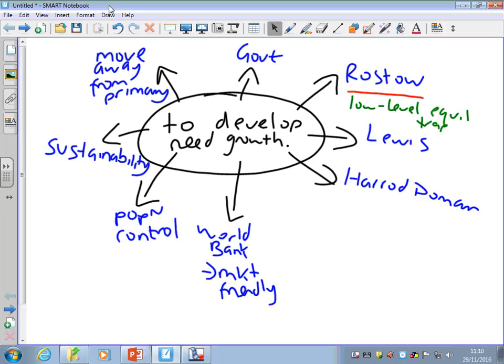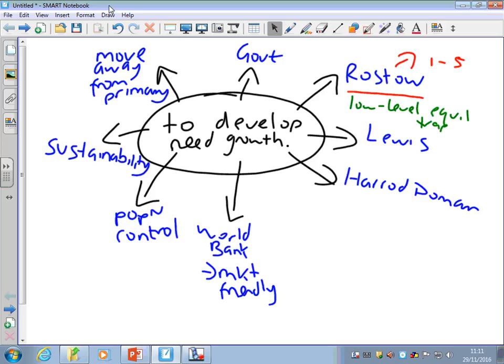Well, what the Rostow model is basically saying is there are five different stages to develop. In stage one, you are basically stuck in your low-level equilibrium trap, relying heavily on primary sector work.